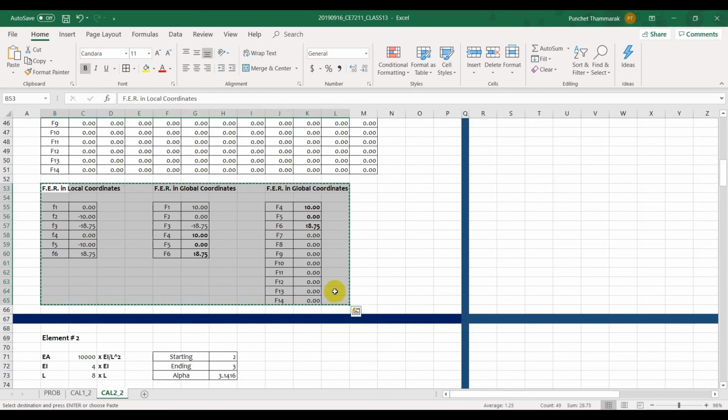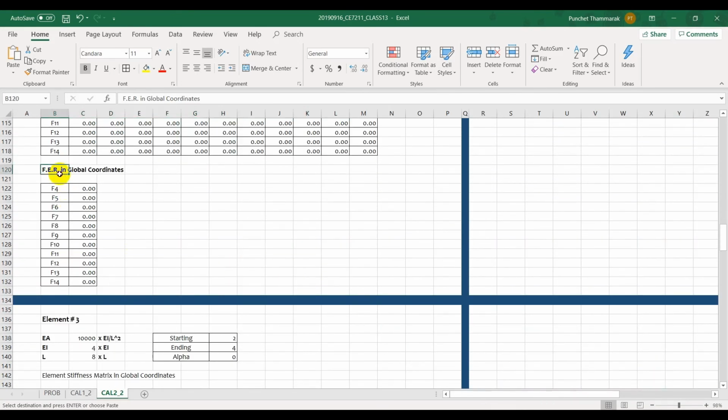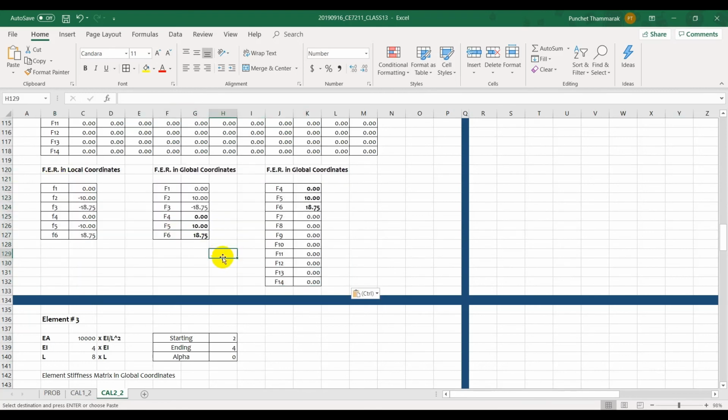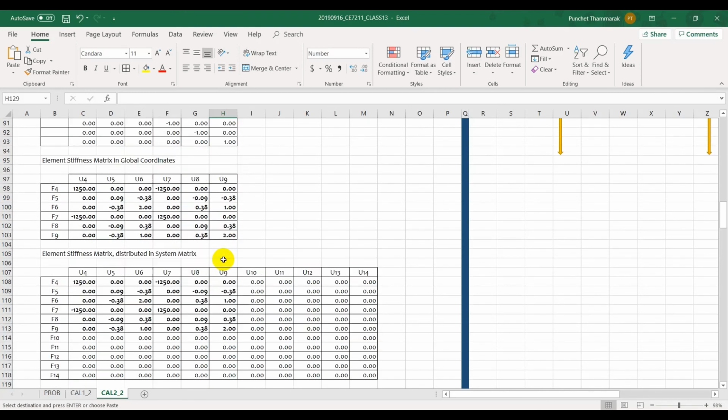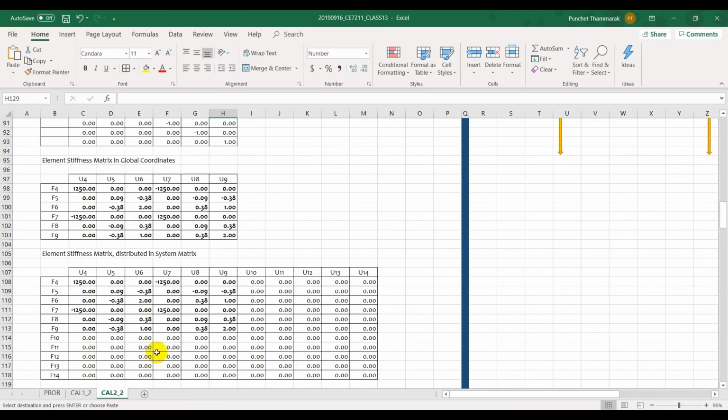We are going to do the same thing for this one. Let me see. Okay, so for element number 2, look at these together.